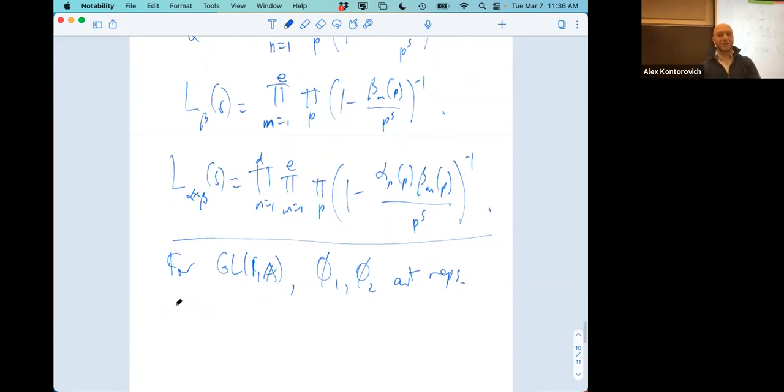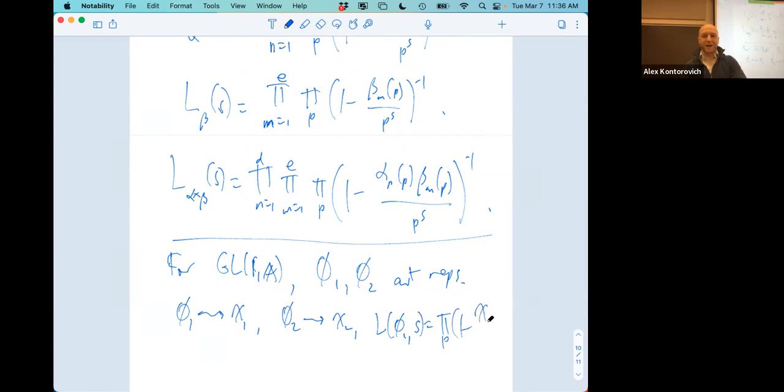So phi1 corresponds to Dirichlet character chi1, phi2 corresponds to Dirichlet character chi2. Right. We're in GL1. So the global L function of phi1 is a product over primes of 1 minus chi1 of p over p to the s, inverse. And the same thing holds for i equals 2.